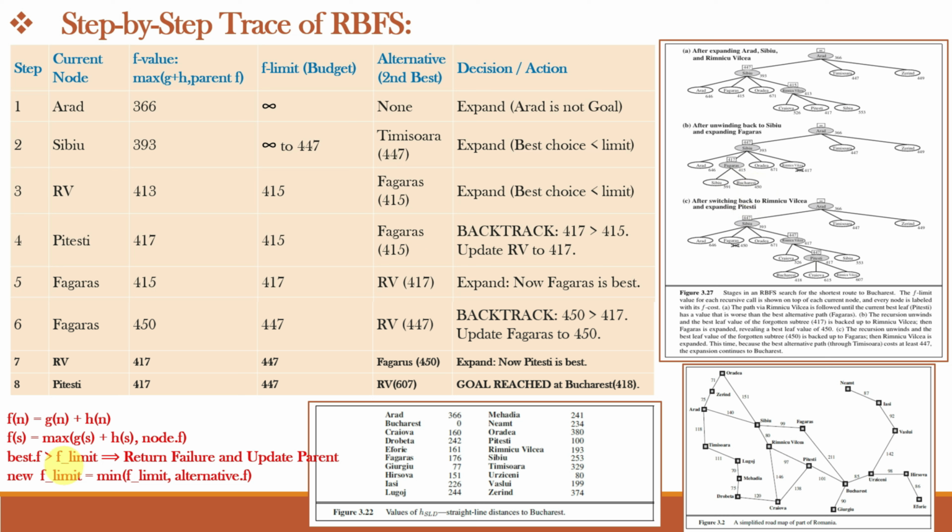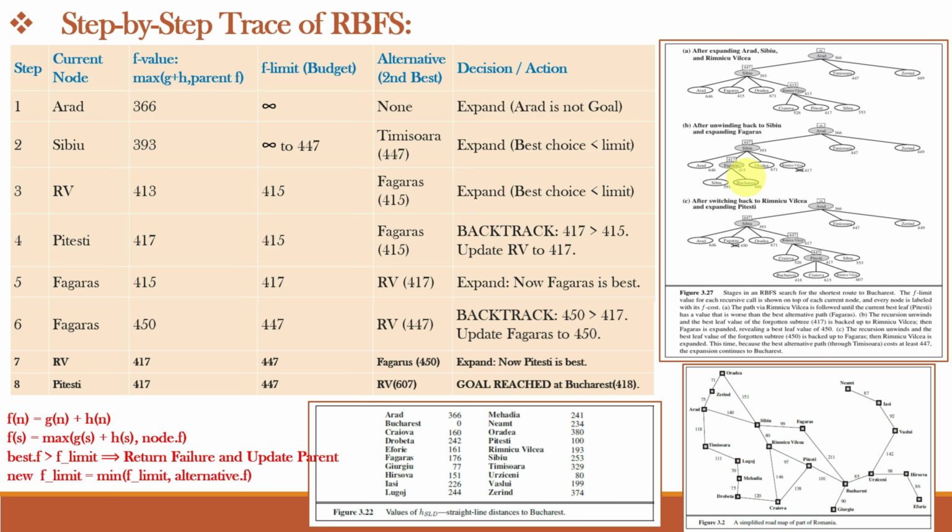So is 450 greater than F limit? F limit is 417. So yes, 450 is greater than 417. And this means that the path of 450 is greater than our budget of 417. So we cannot go ahead. So we have to backtrack. So it will return failure again and update the parent.